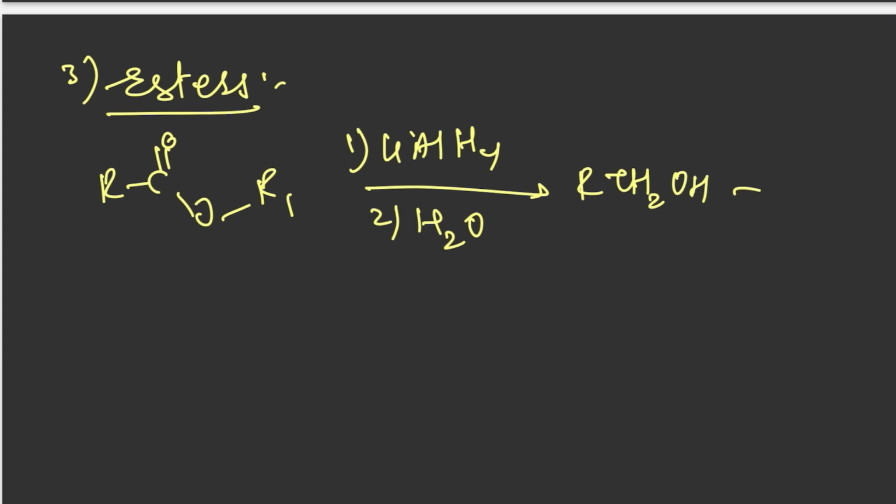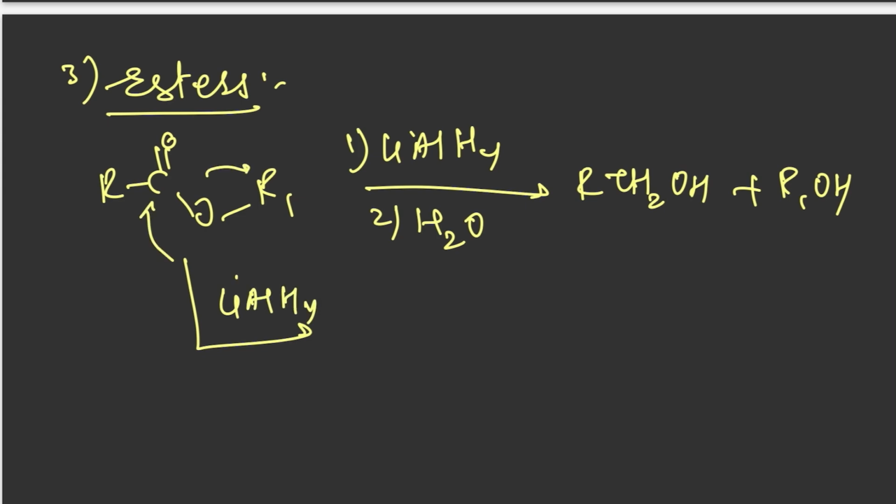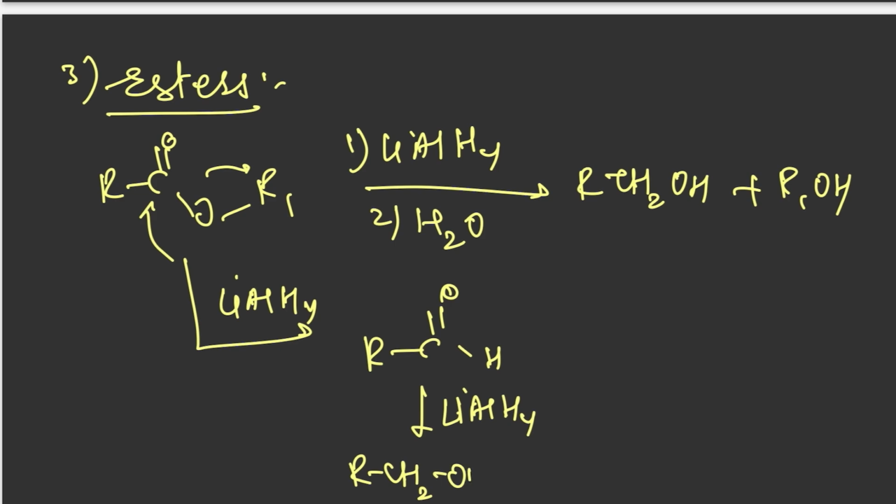Now how does the mechanism follow? We have LiAlH4, H minus will attack over here. This bond will go, giving RC=OH, which with LiAlH4 will form RCH2 plus RO minus. RO minus will react with water and form R1OH. So it will form two alcohols.